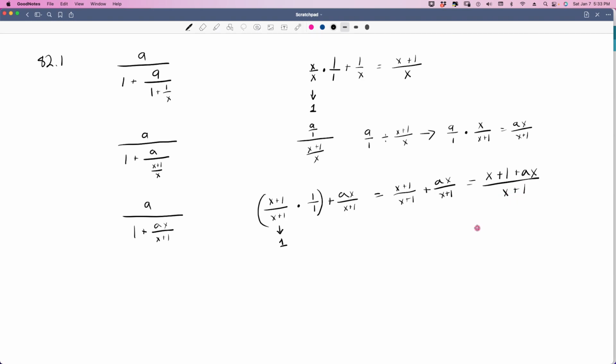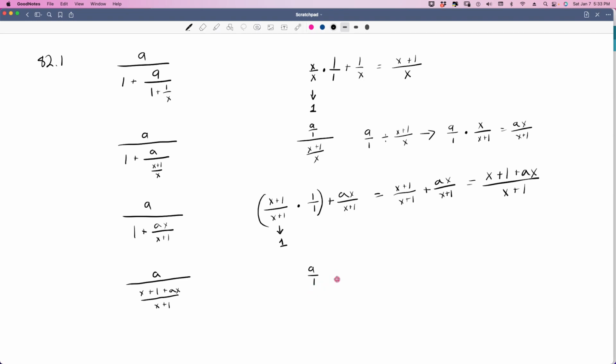All right? So now this becomes our new denominator here. So a all over x plus 1 plus ax over x plus 1. Well, you see what we have now. It's the same thing we had up here. We have a number divided by a fraction. We turn that into a fraction.